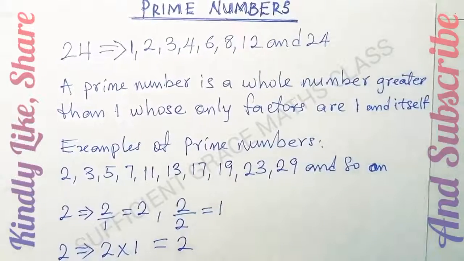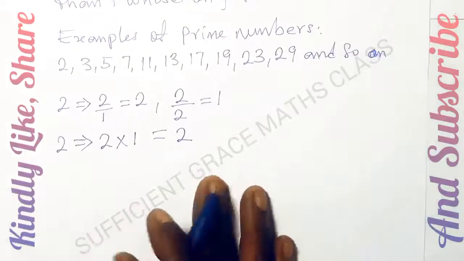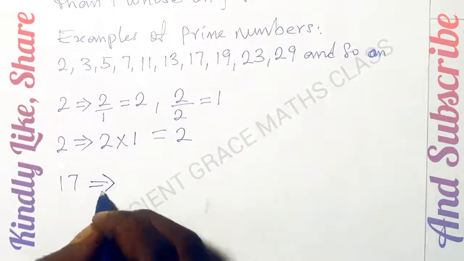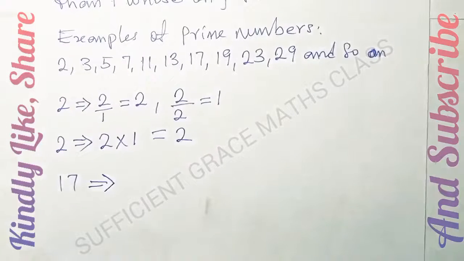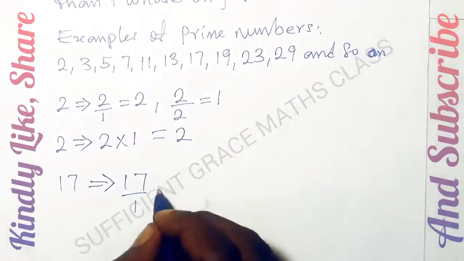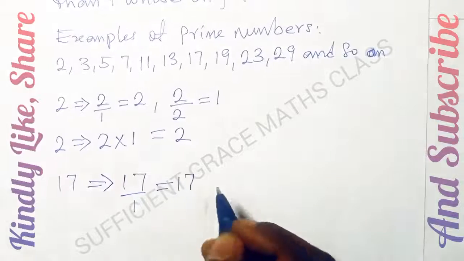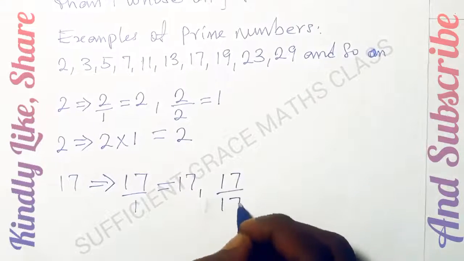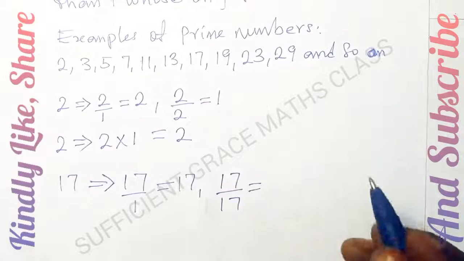Let us pick another number, like 17. If you observe this number as well, it can only be divided by 1 without having any remainder, which gives us 17, and then itself, which is 17. 17 divided by 17 gives us 1.